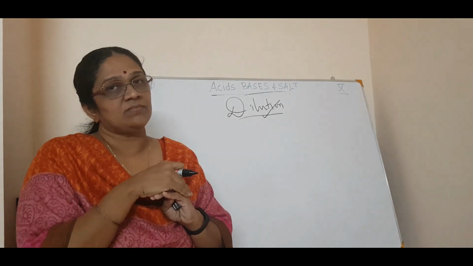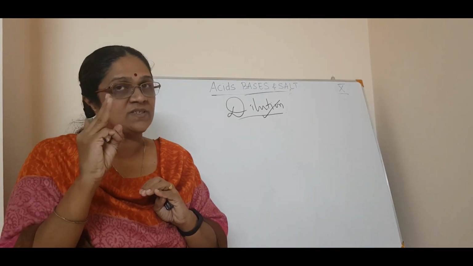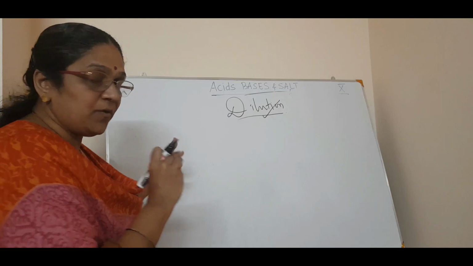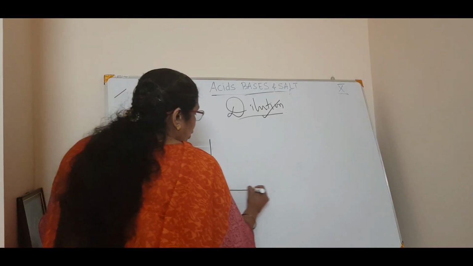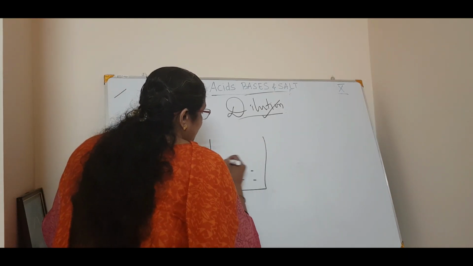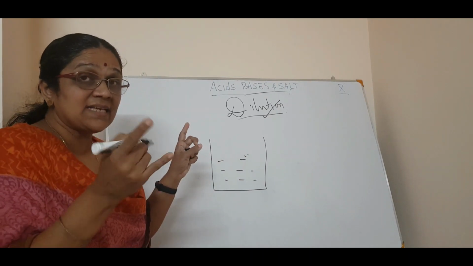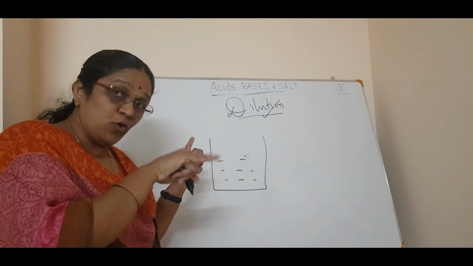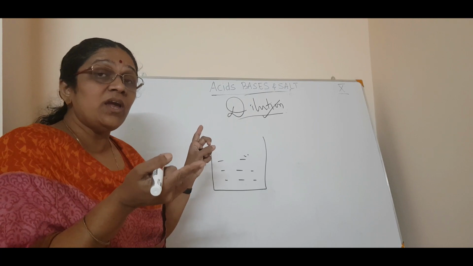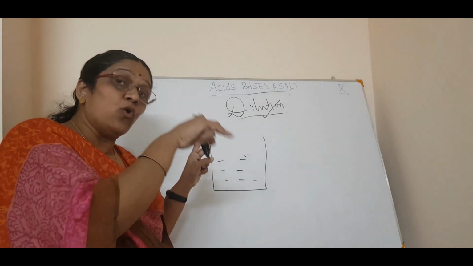Two value points. The concept is that you have to add the acid into water and not water into acid. We will explain why you don't dilute by putting water into acid.